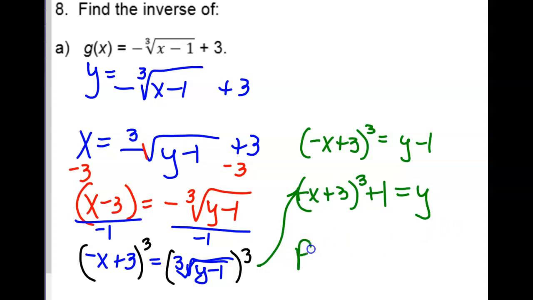In the book, we were supposed to change it to this. But if you don't do that last step, I don't care. You can leave it y equals. There are other ways that could be written, but don't cube it because you're probably going to mess it up.